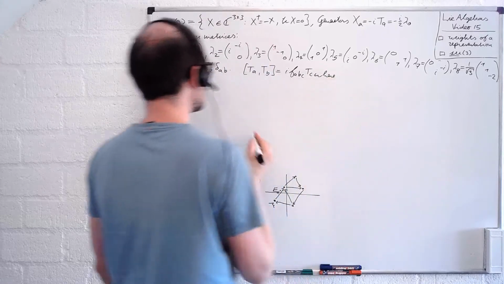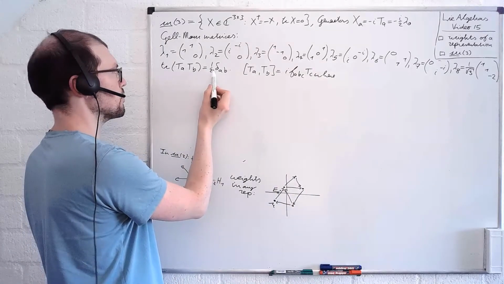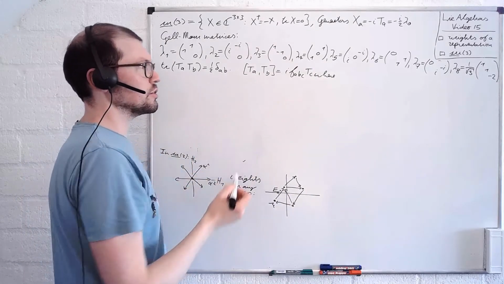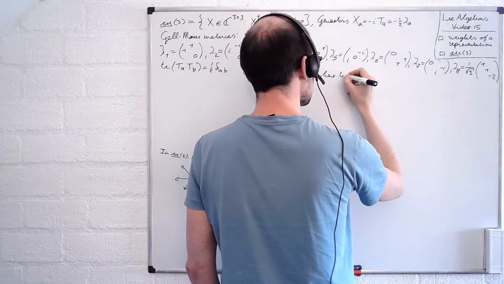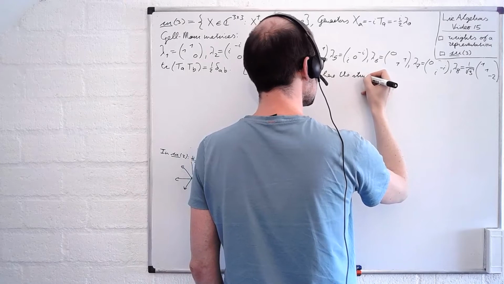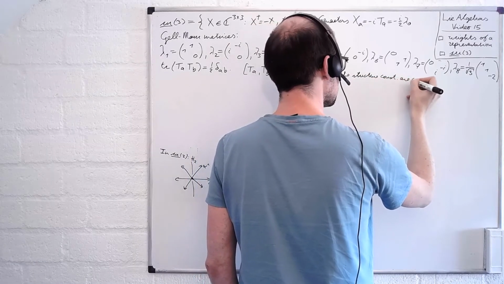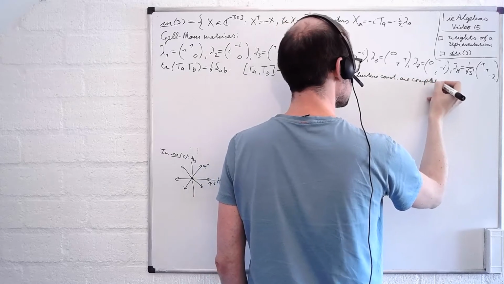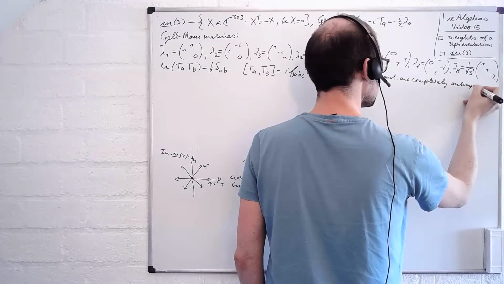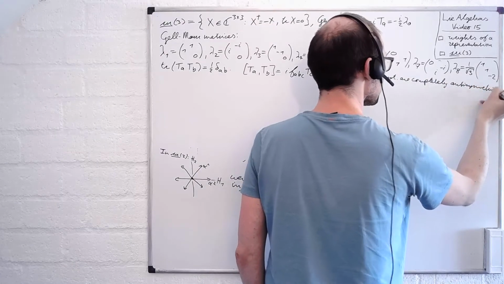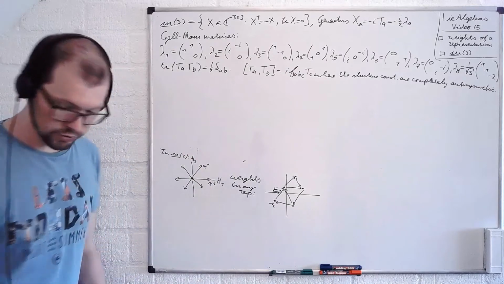Because this is an orthonormal basis, these structure constants are going to be completely antisymmetric. I'm not going to write them down explicitly for you.